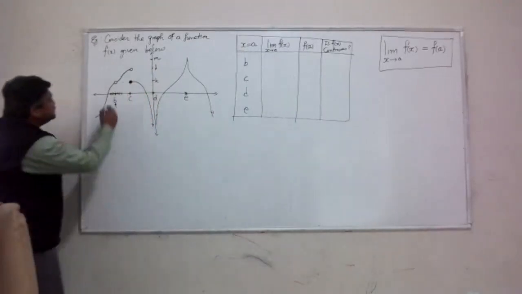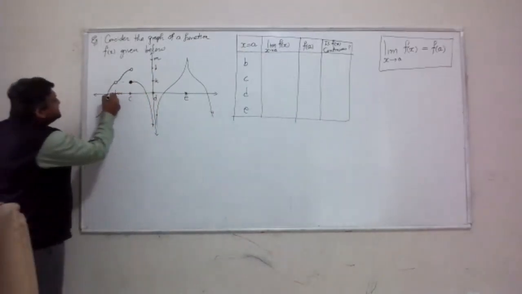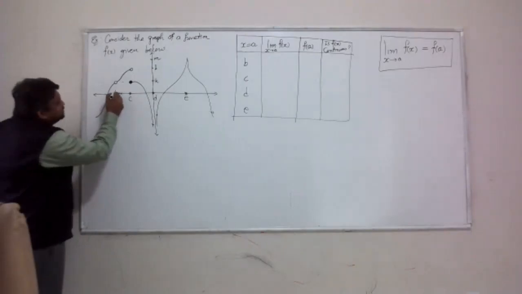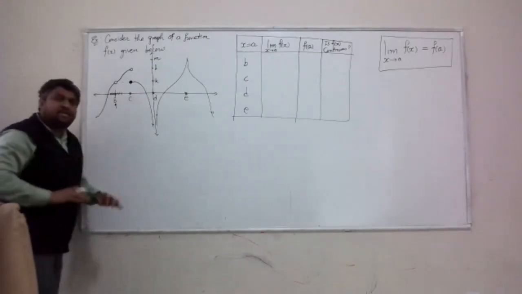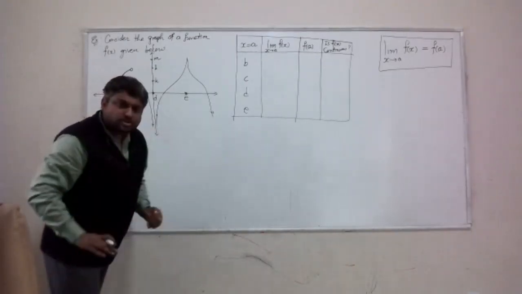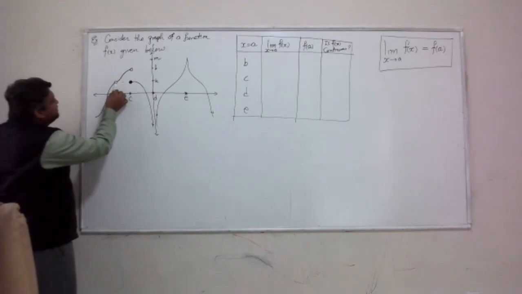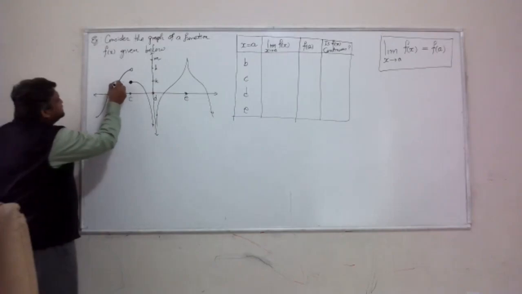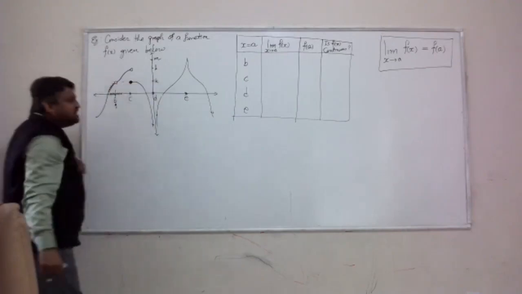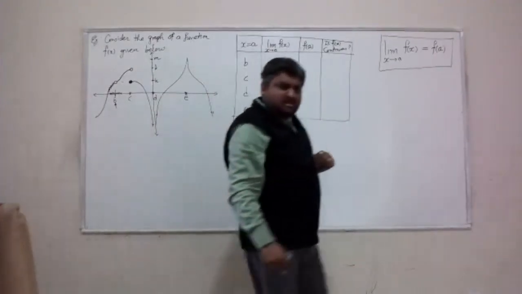So I'm going close to B from the left side of B, very close to B. I just need to make a prediction where my function should go. So I'm going to see the left-sided graph of my function, the graph of the function that is to the left of B, and the graph suggests that my function is going to reach K, right?